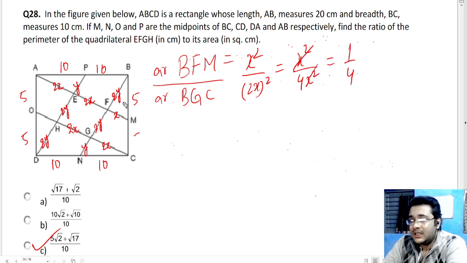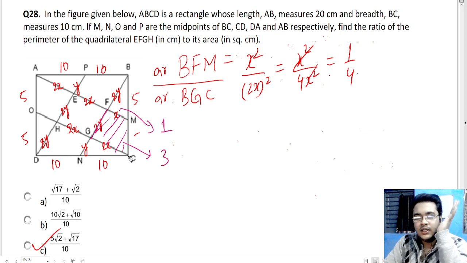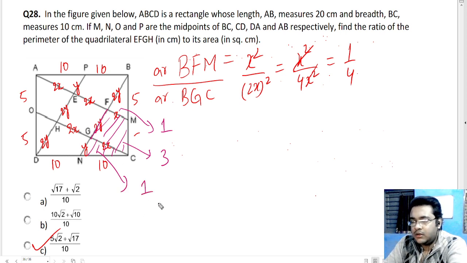So if BFM, this area, is 1, this trapezium-type area is 3. If you do a little bit of calculation, you will realize, also by symmetry, this part will also come out to be 1. So any small triangle is equivalent to 1/5 of the big triangle.